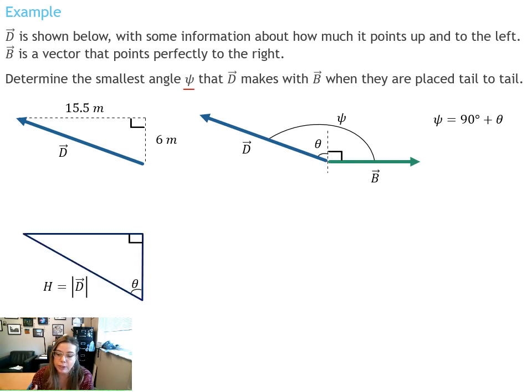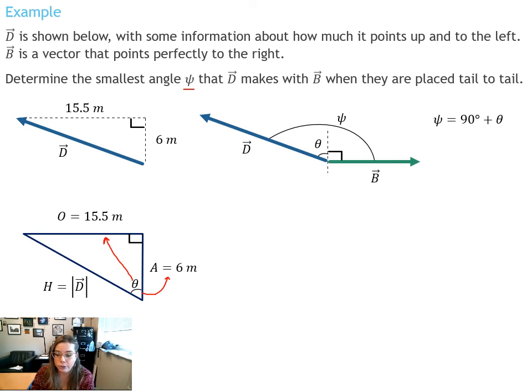We'll redraw the vector as a triangle, where the hypotenuse is the norm, or the length, of vector D. And then the two legs of that triangle are the two sides that were given to us in the picture. And we need to figure out angle theta. So we do not know the hypotenuse right now, but we do know the side that is opposite from theta. So that's opposite. And we do know the side that is adjacent to theta.